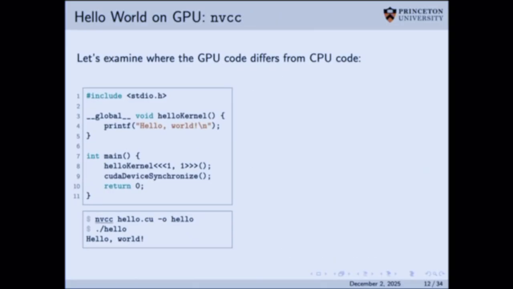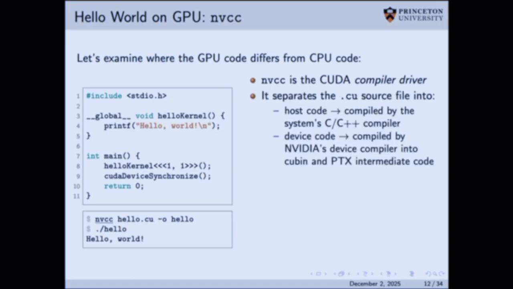Finally, I wanted to talk briefly about the compiler. NVCC is the compiler driver, which means it separates the source file into the host code and the device code. We talked a little about the qualifiers before, and it looks at these qualifiers and decides whether a function should be compiled by the system's C++ or C compiler, like GCC or Clang, or by NVIDIA's device compiler.